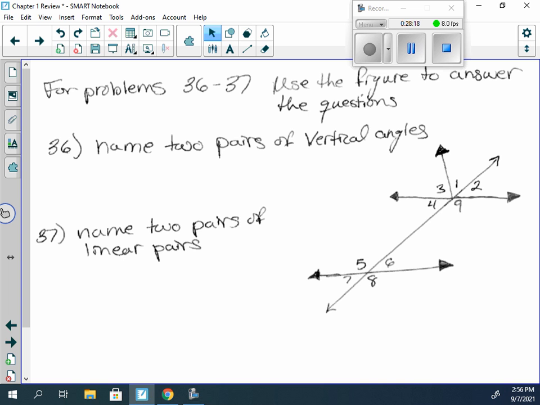36 and 37. So 36, name 2 pairs of vertical angles. 4 would be 1, but it wouldn't be 4 and 9. It'd be 4 and 2 would be vertical. What else?